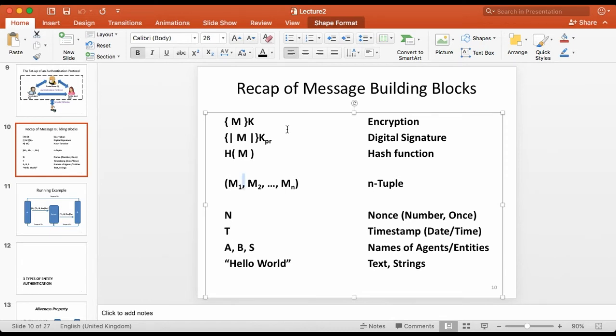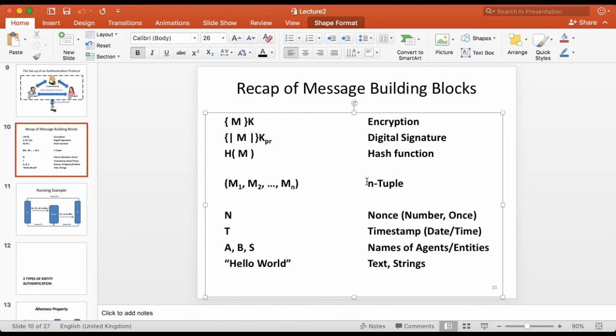Composition allows us to create what we call tuples. Tuples are like pairs, except their size is more than two elements. So you have M1, M2, all the way up to Mn. This is essentially an n-size tuple.